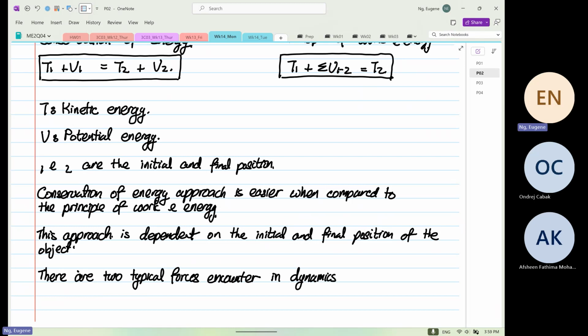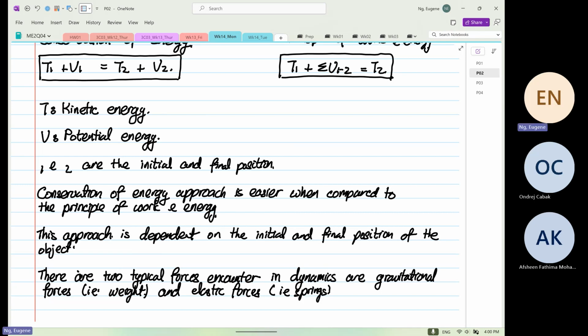There are two typical forces. So in dynamics, we have what? Gravitational forces, i.e. the weight, and usually such technique you have what? Elastic forces. So elastic forces are spring forces, or your springs.